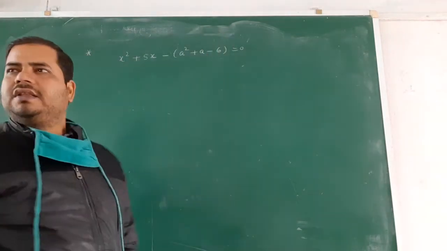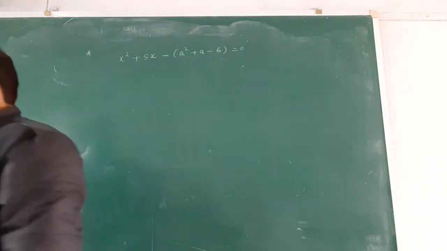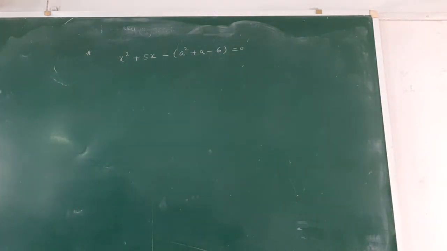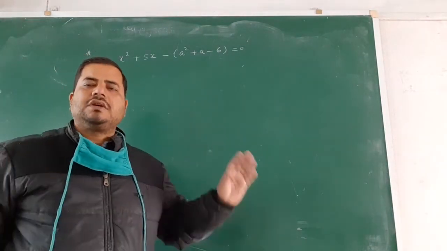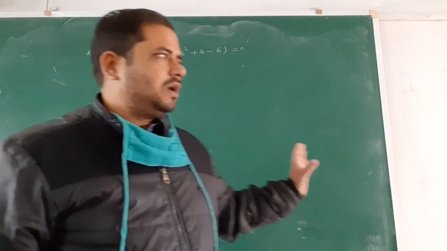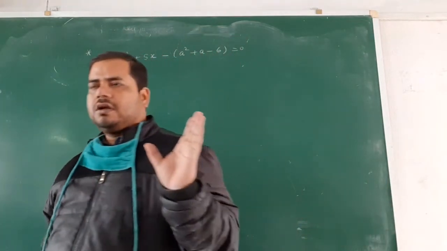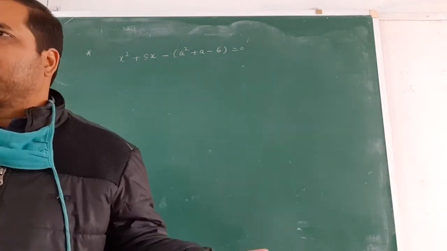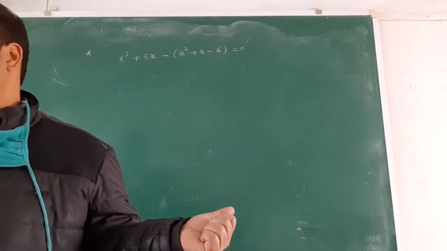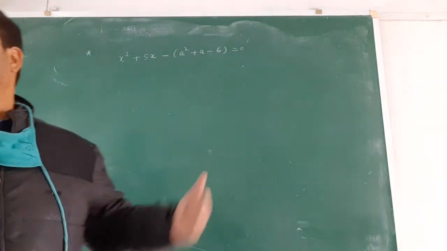You have to find the factors of this particular equation, that means solve for x or find the value of x. This is a quadratic equation. There are 2 or 3 methods to solve it, such as the factorization method or the formula method. I have just used the factorization method.